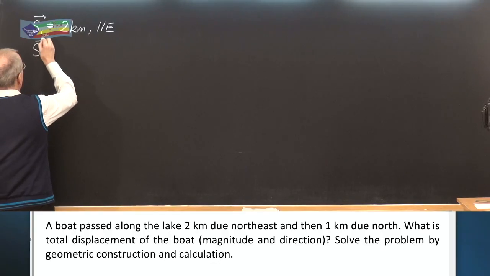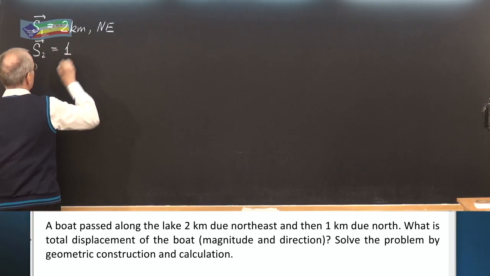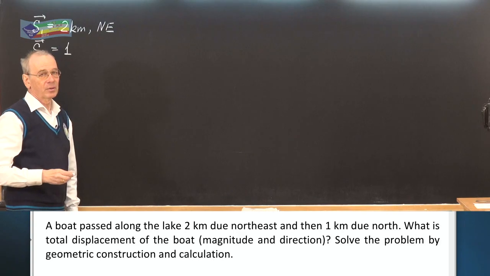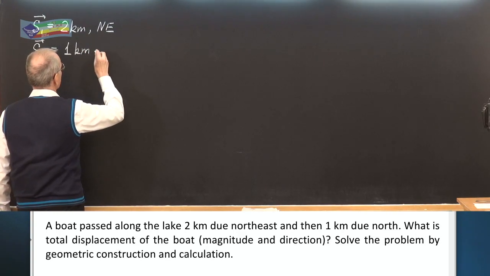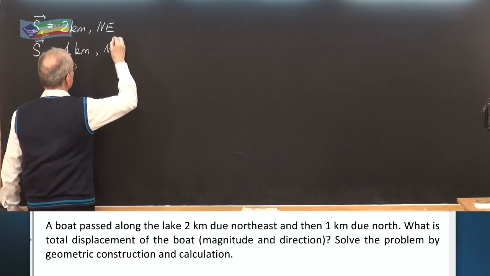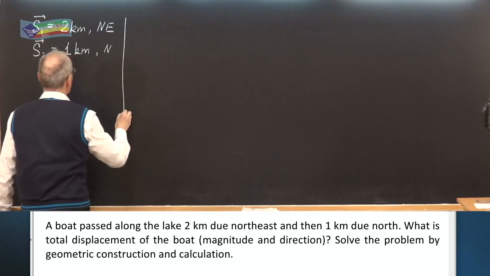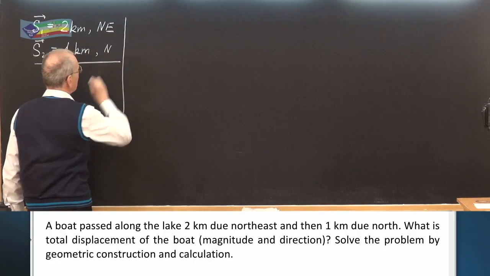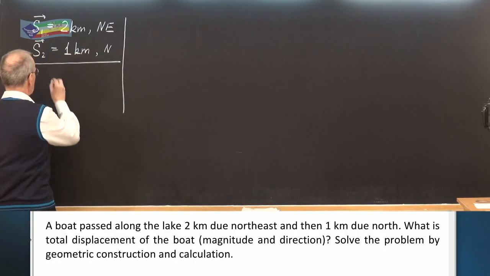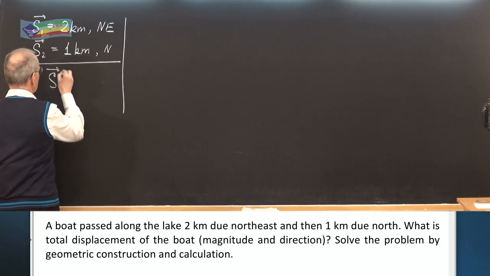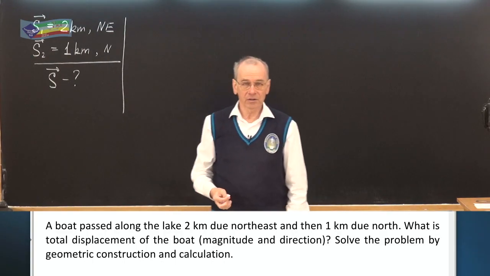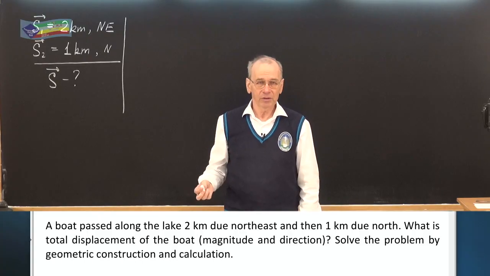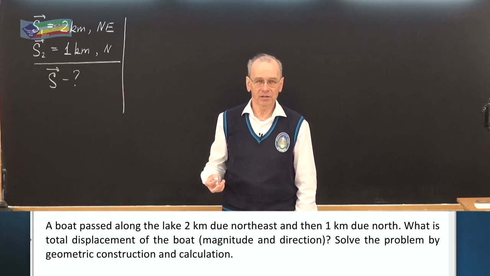S2 vector stands for the displacement of the boat during the second part of its journey, 1 kilometer north. We have to find the total displacement, S vector, its magnitude and direction. The first method is geometric construction.